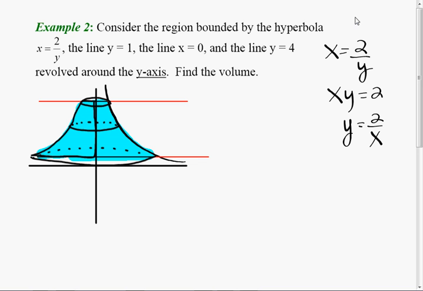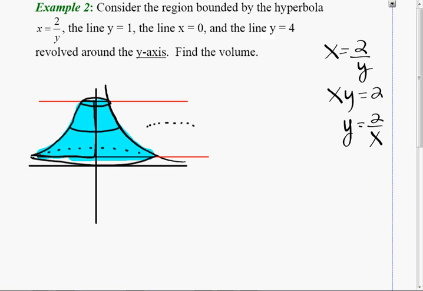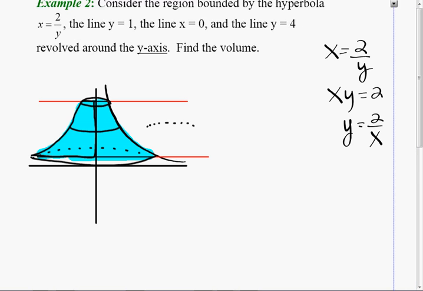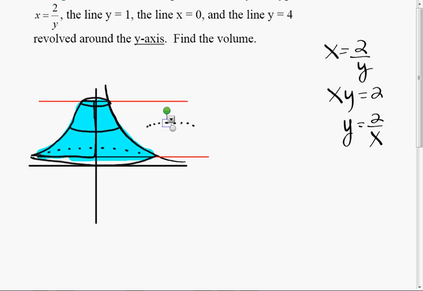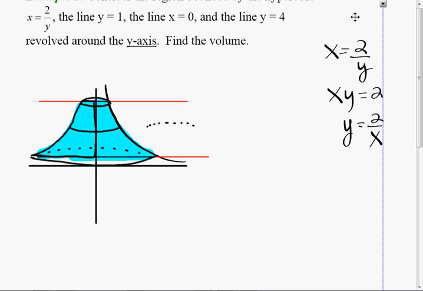The cross section is this piece right here. It's a circle, right? Okay, it's not going to let me do that, so I'll just do this again.